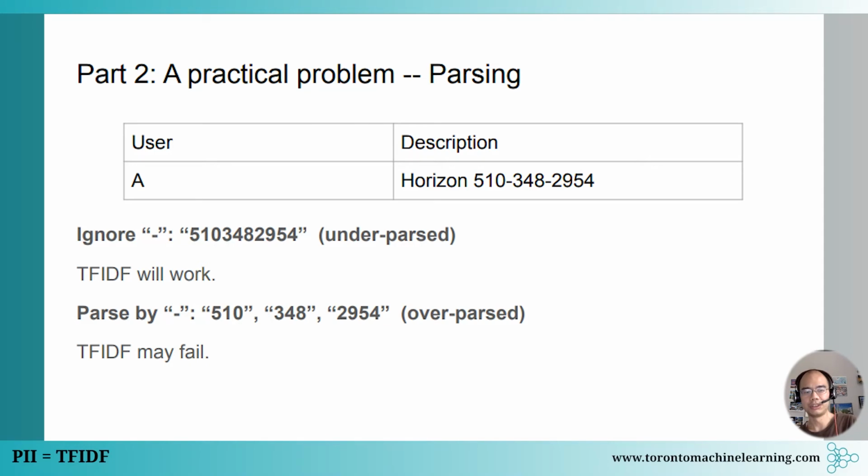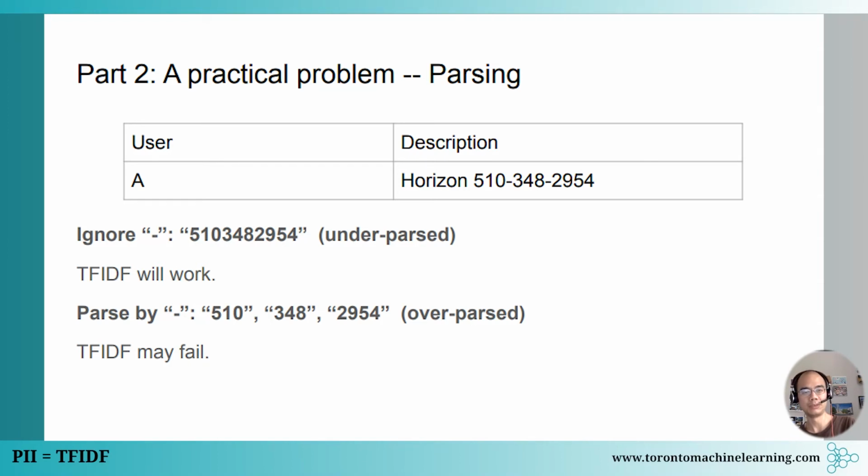You can also choose to say this is your parsing character, so it's split into 3 individual tokens. This basically parses more. So I'm going to call this case underparsed, and that is overparsed. In this example, clearly we want to underparse, because when that is one token, it is a cell phone number.